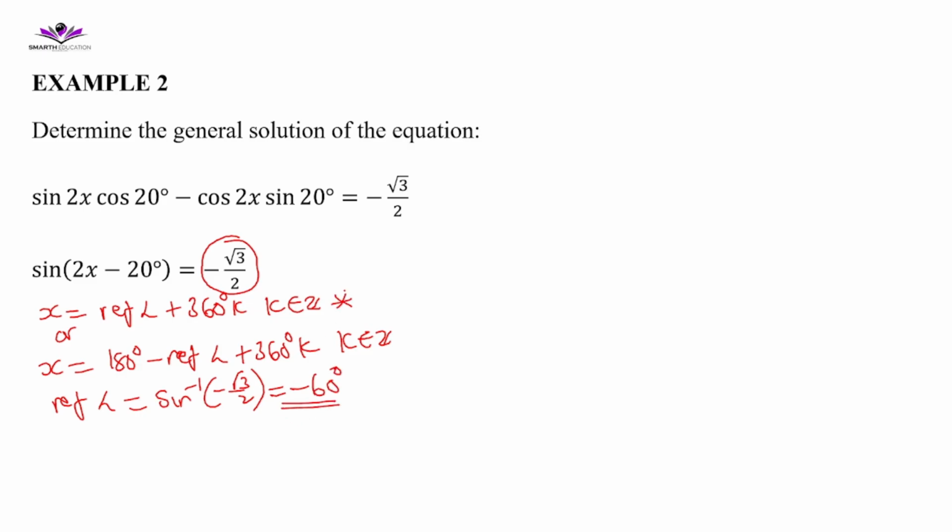Let's start with this one. Remember our angle: 2x minus 20 degrees is equal to the reference angle, which is negative 60 degrees, plus 360 degrees times k, where k is an integer.